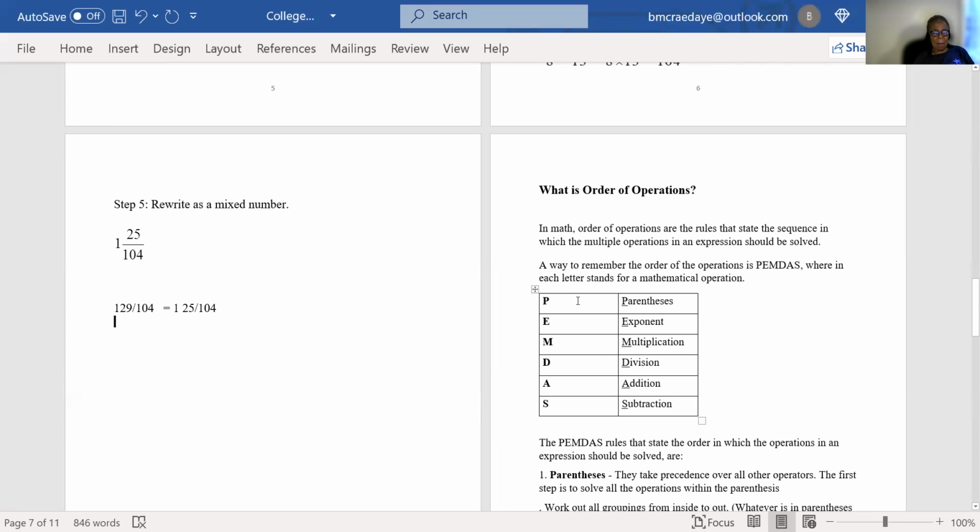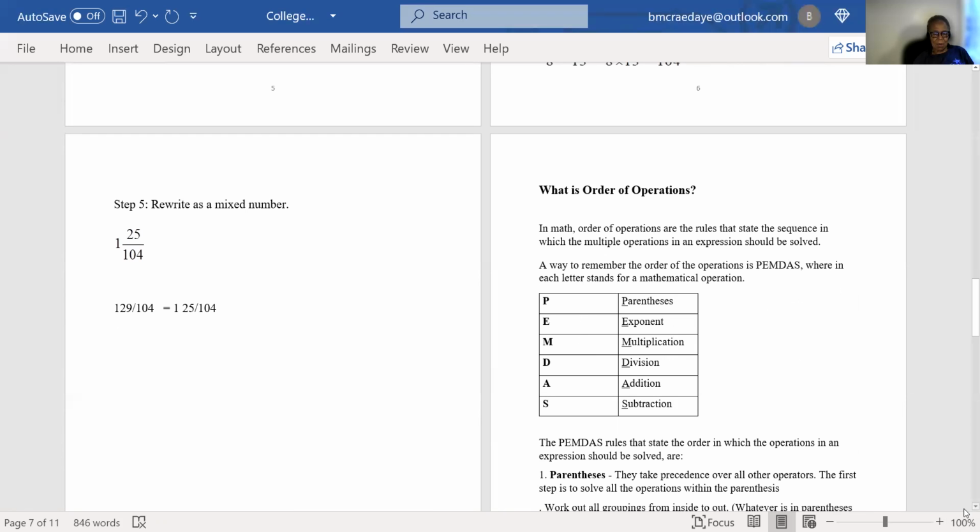Sometimes it's called Please Excuse My Dear Aunt Sally. So the Please is parenthesis, Excuse, exponent, My, multiplication, Dear, division, Aunt, addition, Sally, subtraction.